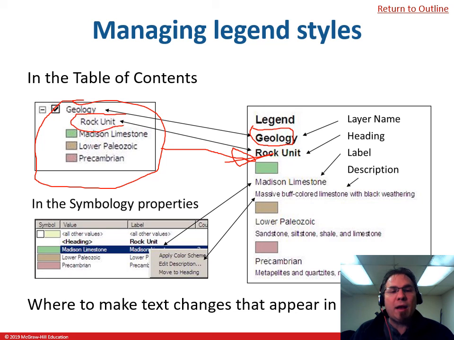If I type in rock unit here, that's where the words rock unit come from. That's why it's imperative to make sure that everything on the left is in English. You don't want something like geology.shp. You want to get rid of all that. You want to label things nicely in English so that whoever's using your map can understand your legend correctly.